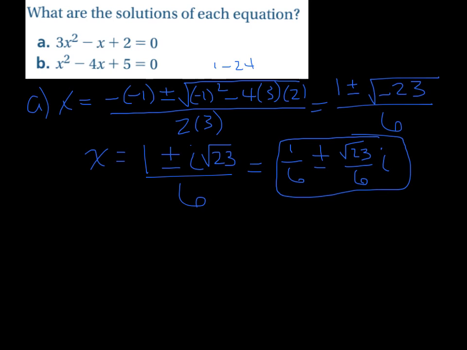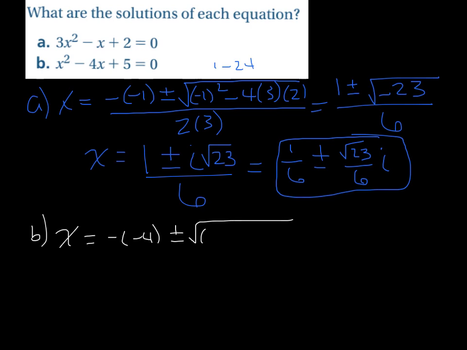Notice that both solutions here have an i, so both solutions are imaginary, which means there are no real solutions, but there are two complex number solutions. Again, with no real solutions, remember it would mean that graph is never going to intersect the x-axis.